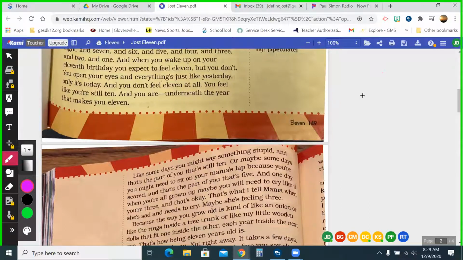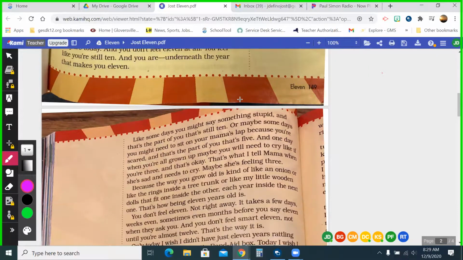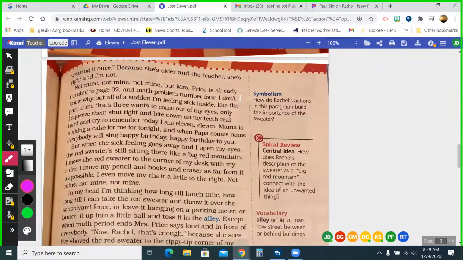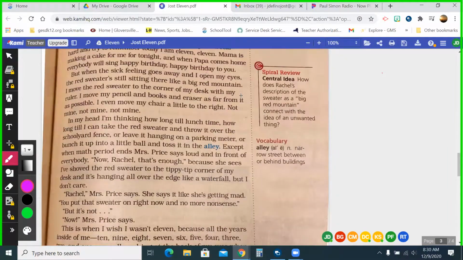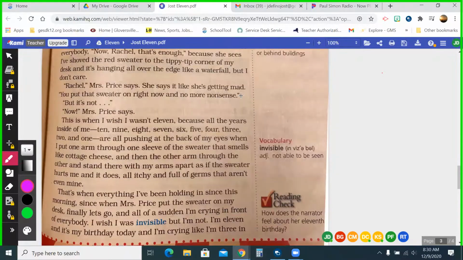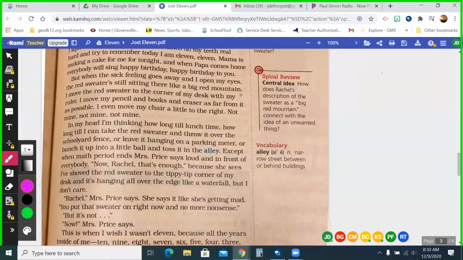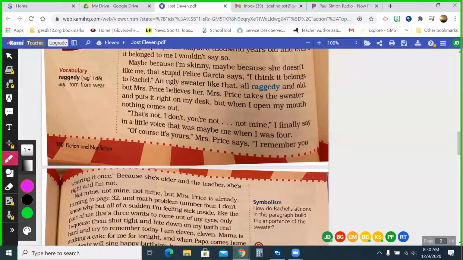You need to find proof, and your proof needs to match our statement. It needs to help answer the question. You guys have to do this part, okay? Go and find somewhere in the text where it shows that the sweater represents her unhappiness, or where it just tells us that she's so unhappy. There's a bunch of places. She's not a happy camper in this story.